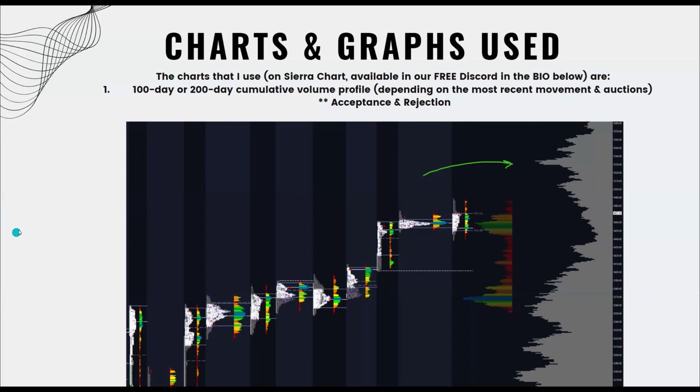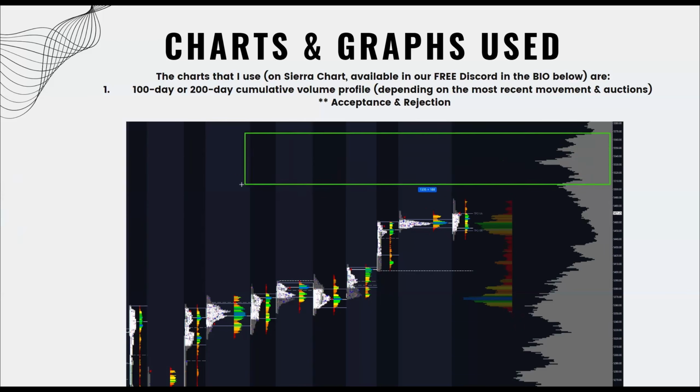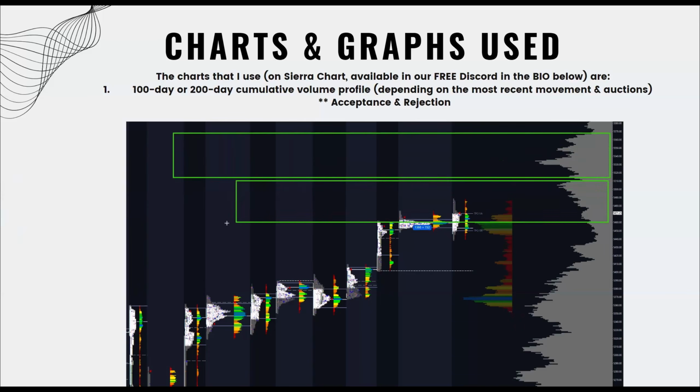So first and foremost, I've got to be looking at this from the perspective of where I can find my clean areas of value. So you may know that what I'm doing right now, maybe we do something like this. What I'm doing right now is I'm trying to break these down in terms of where the heaviest volume is.